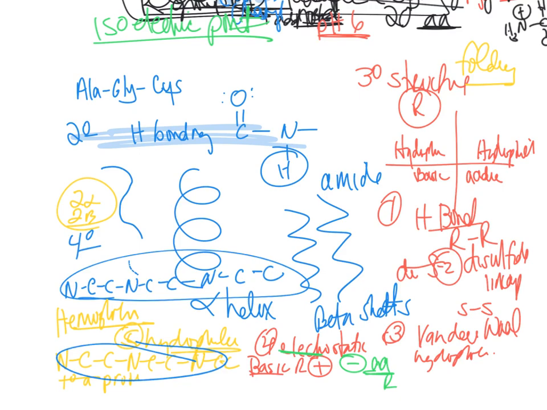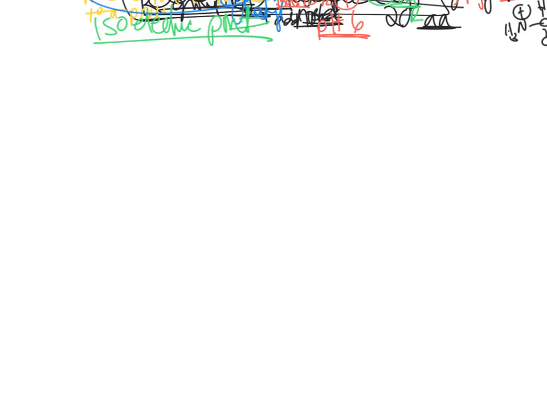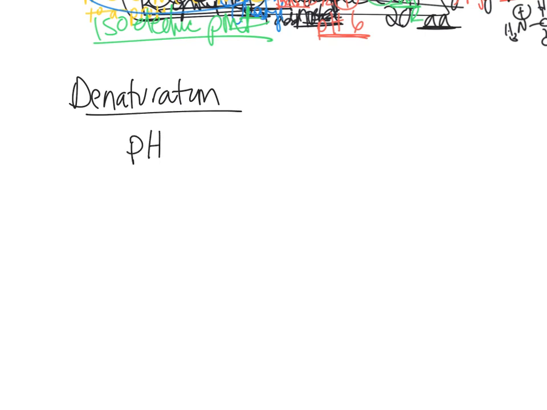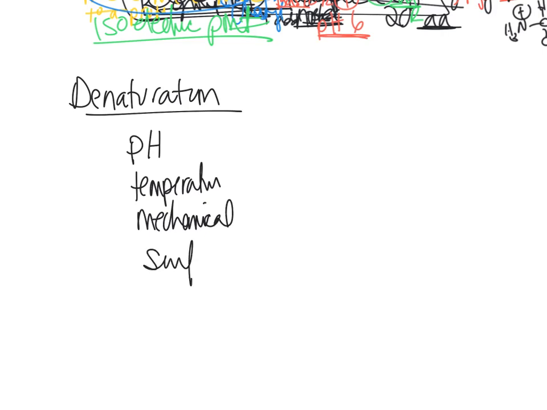The other word I need you to know is denaturation. So denaturation, and this is what we have to worry about with different pHs, temperatures, even mechanical, and also like surfactants. And these are like lots of salt, detergents.